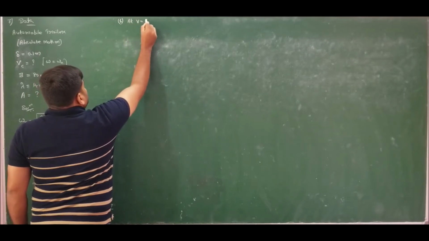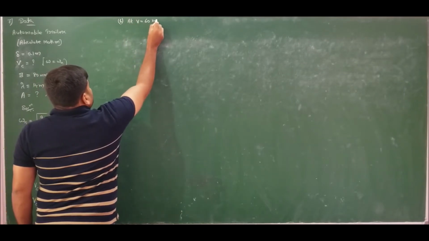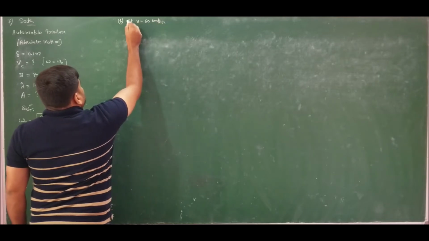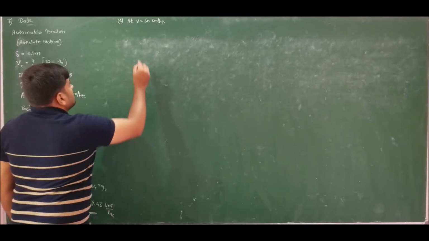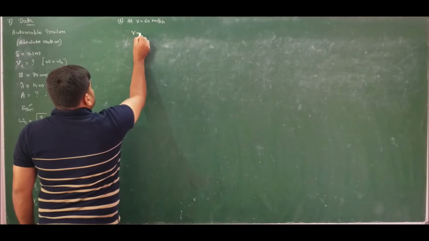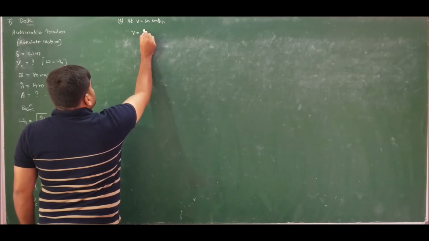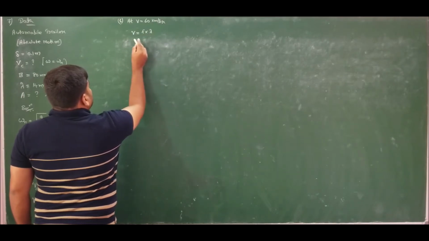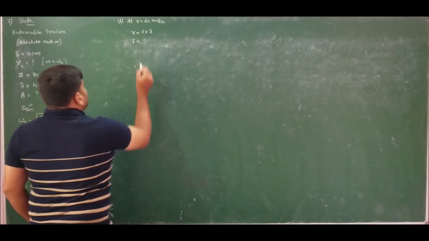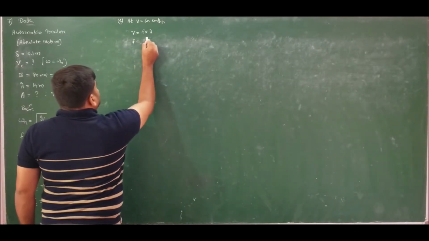Now the second one, to find the amplitude of vibration when the vehicle moves at 60 km per hour, at v equal to 60 km per hour, find the value of omega. We already know that V is equal to F into lambda, hence F will become V by lambda. V is how much?